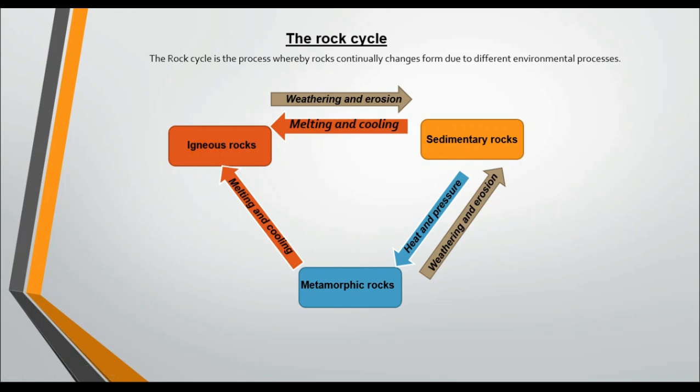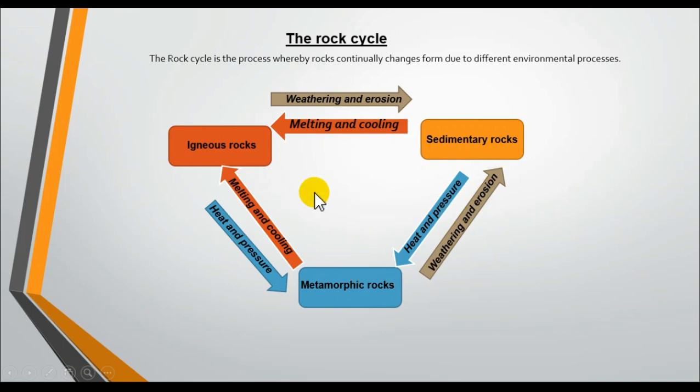So, finally, how do igneous rocks turn into metamorphic rocks? Same thing that happened here. You know the formation of metamorphic rocks, there must be heat and pressure. When these igneous rocks deep in the earth's crust experience heat and pressure, they form metamorphic rocks. You see, this process is very simple.